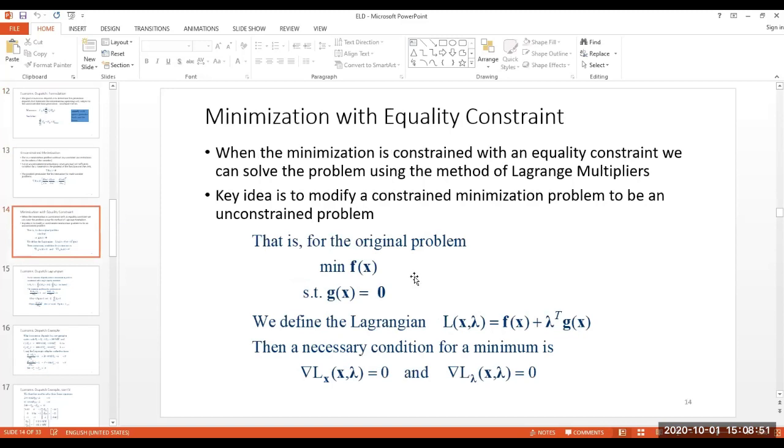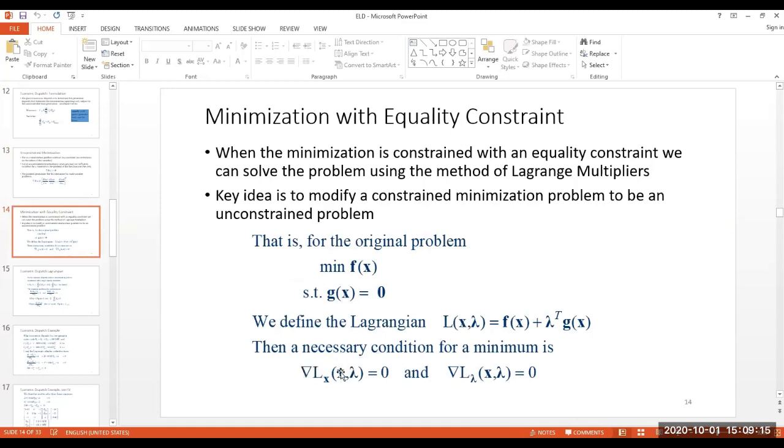Then, as we said in the optimization slide, we are going to define the Lagrangian in the same fashion, and we are going to look for satisfying these two conditions simultaneously. This is the necessary first order optimality condition. Why is it called first order? Because we are taking the first derivative of the expression.